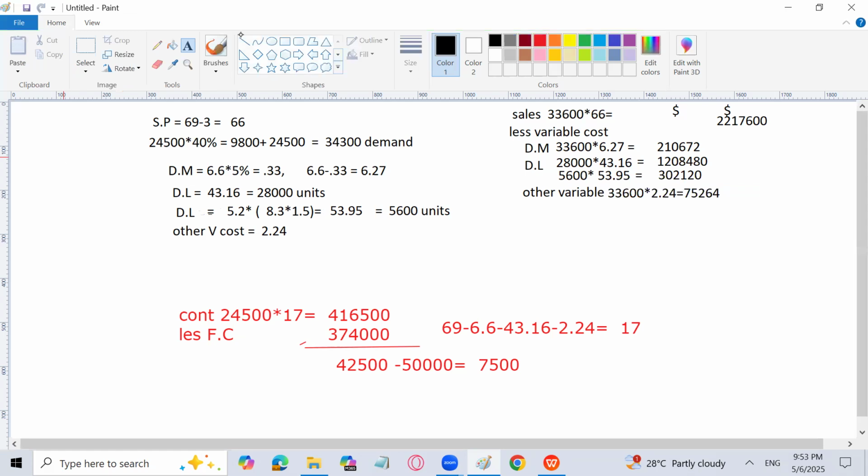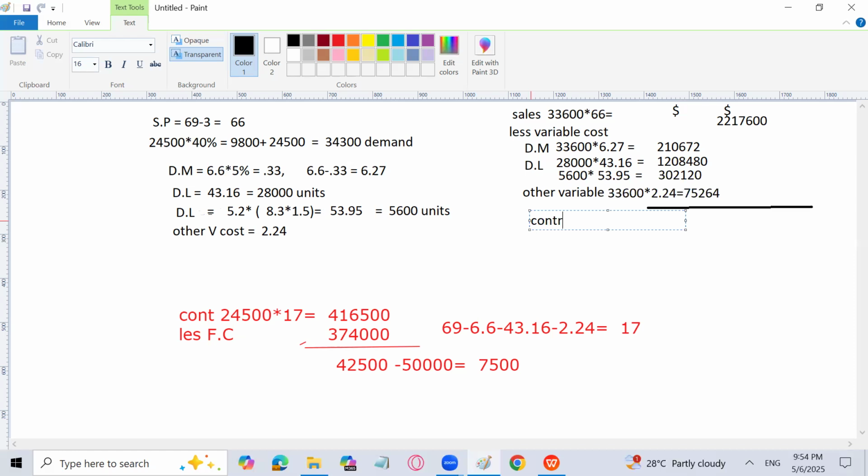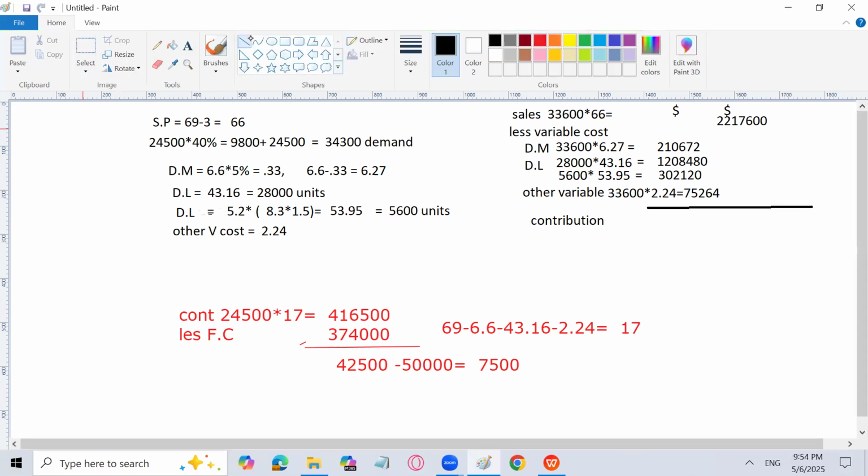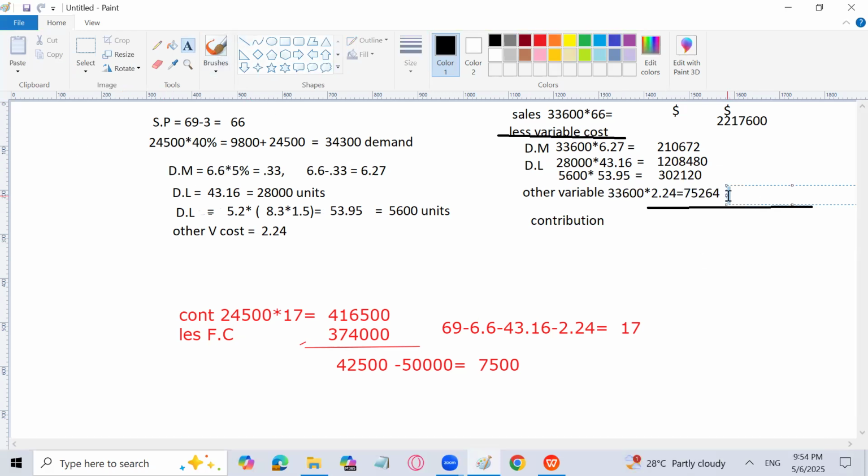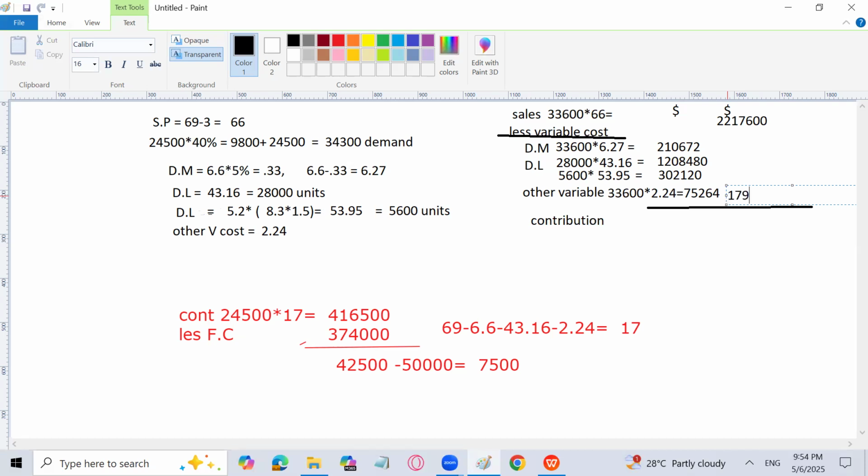Okay. Now let's go for the total of the variable cost. We will subtract the variable cost from this and we will get the contribution. The total is 1796536.